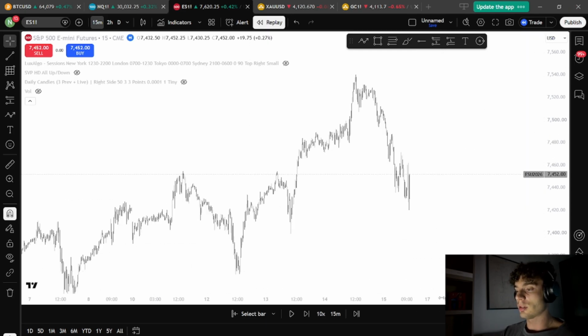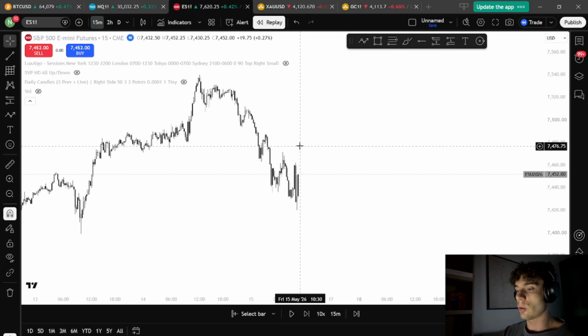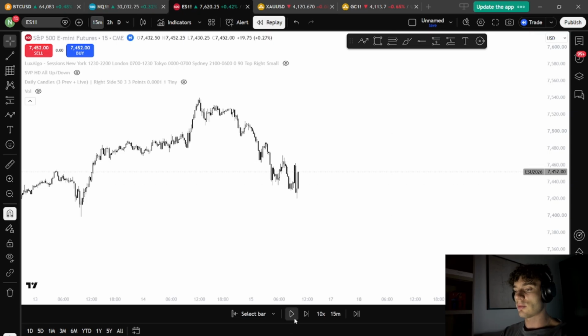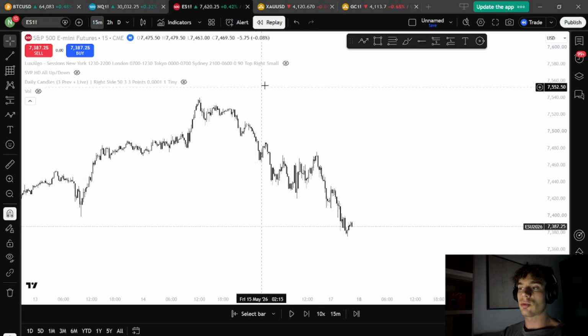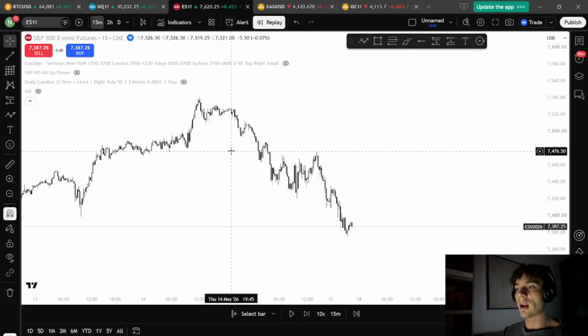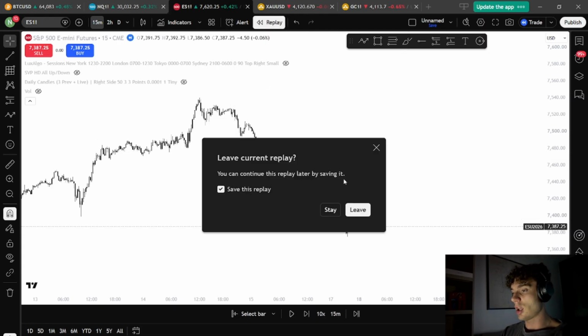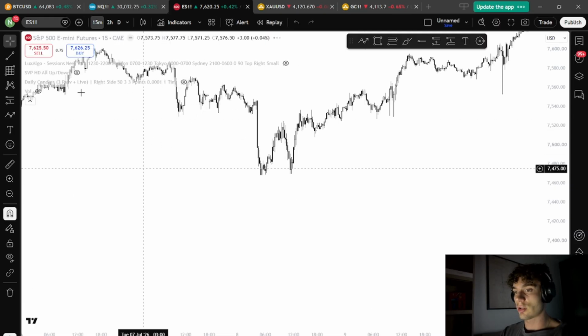For example, let's say you choose to go back to the 15th of May 2026, and then from here, if you press this button, it will show candle by candle, and if you press this button, it will just print candles. So you can go back and backtest. Backtest means that if you have a certain strategy, you go back and backtest it, so you can see if it works and what's the percentage rate for the future.